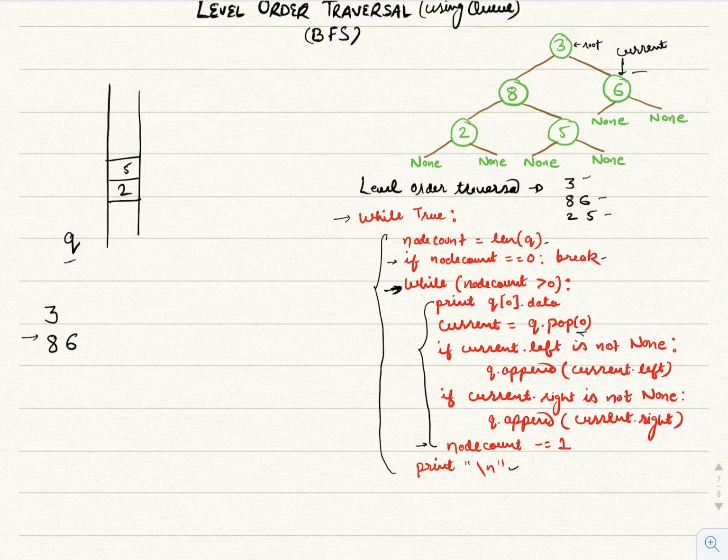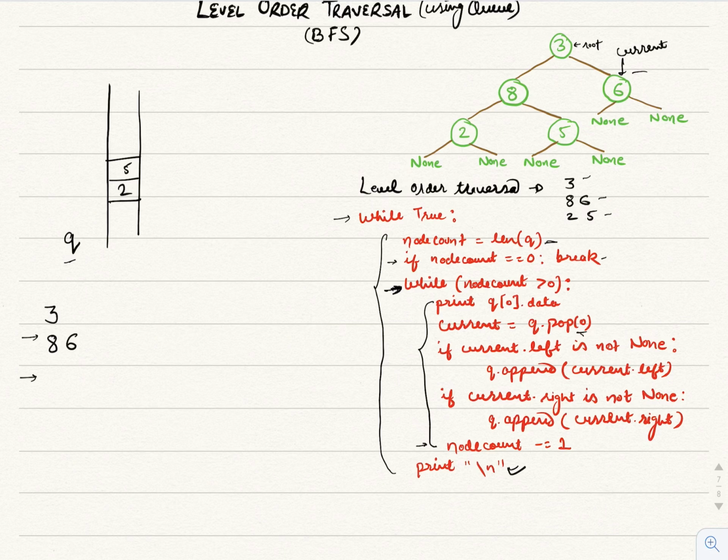Now current's left and right are both None. The node count will be reduced by 1 and will become 0. So now it will come out of this while loop and the next line character will get printed.